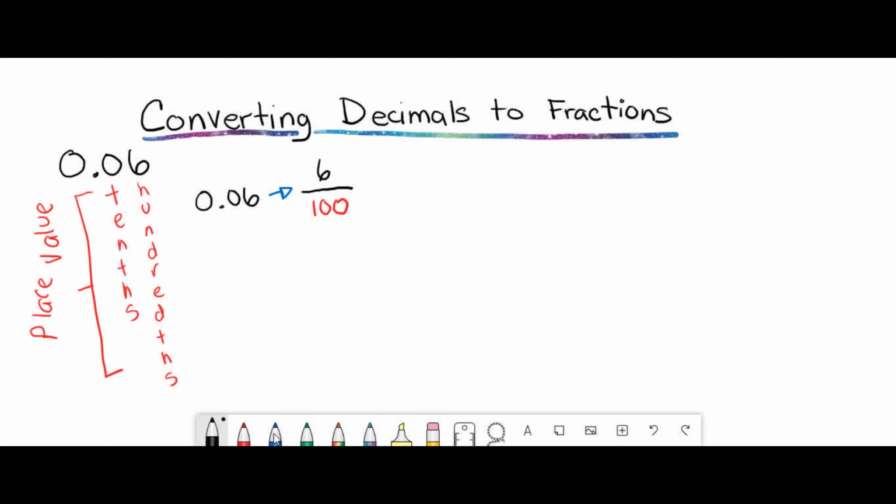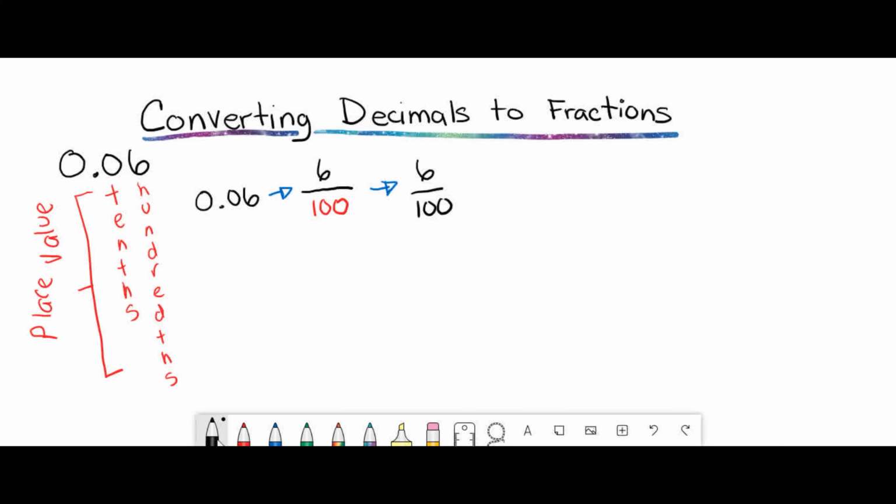Now, the third step, guys, is to simplify the fraction. So I already have a fraction here. All I got to do is simplify. Okay, and in order to simplify, I need to find a factor that can divide both 6 and 100. So I have 6 over 100.